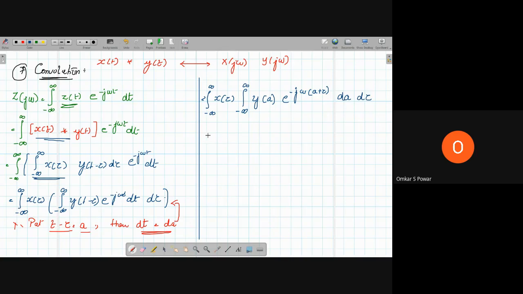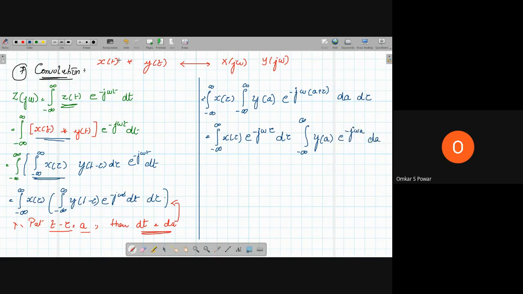So we can further write this as the integral of x of tau e power minus j omega tau d tau, times the integral of y of a e power minus j omega a da.